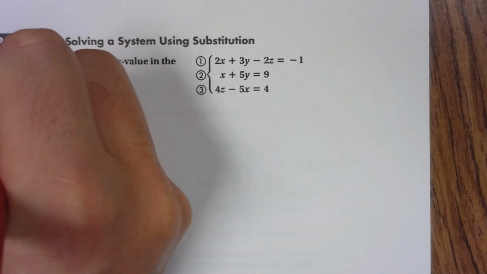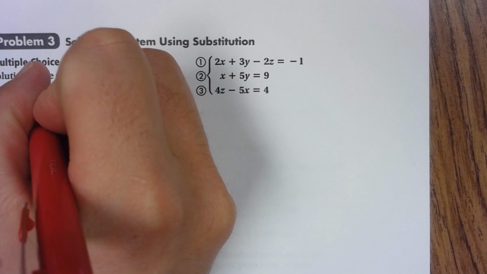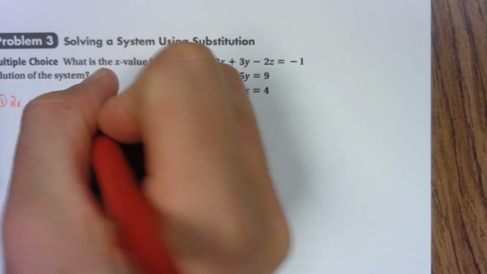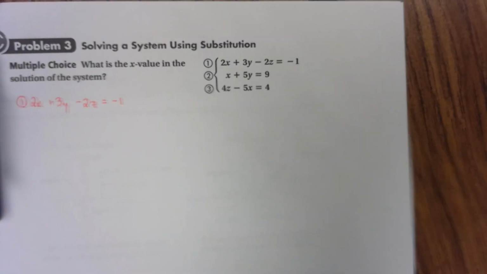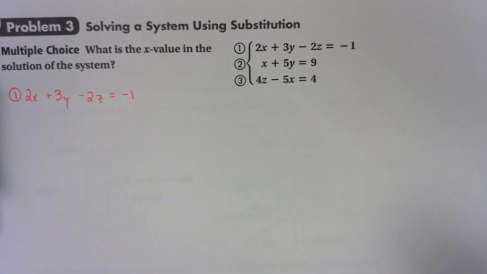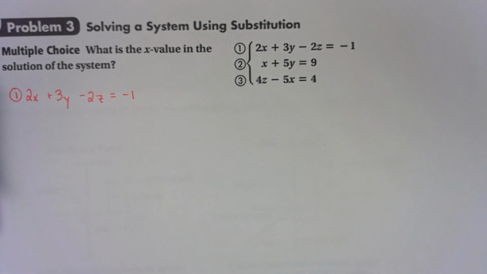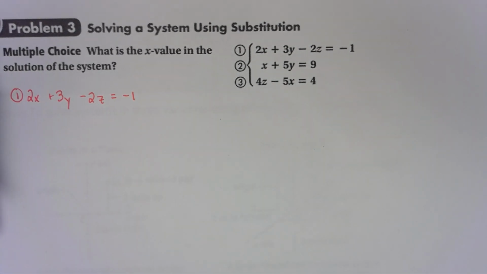That means I'm going to take equation 1, 2x plus 3y minus 2z, which equals -1. And then we're going to use equation 3 to eliminate the z's and give us an equation with x's and y's. But you'll look at this and you're like, wait, there aren't any y's in the equation.